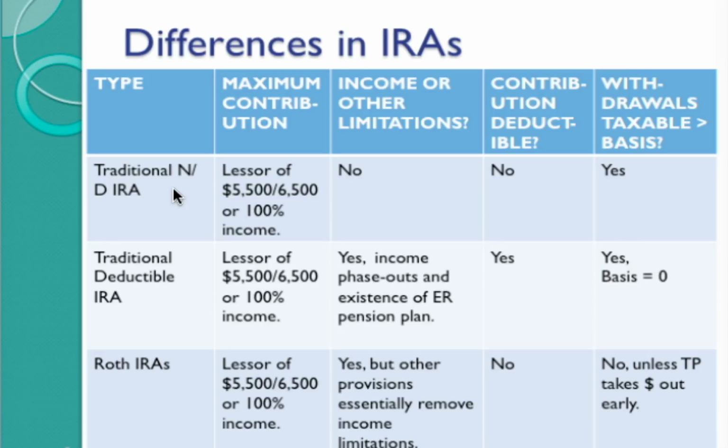Now, those don't exist for the non-deductible traditional IRA, and essentially they do exist for the Roth, but they're canceled out by some of the provisions of a Roth IRA. But under both of those categories, the initial contribution is not deductible. Okay, so that would be the big difference there.